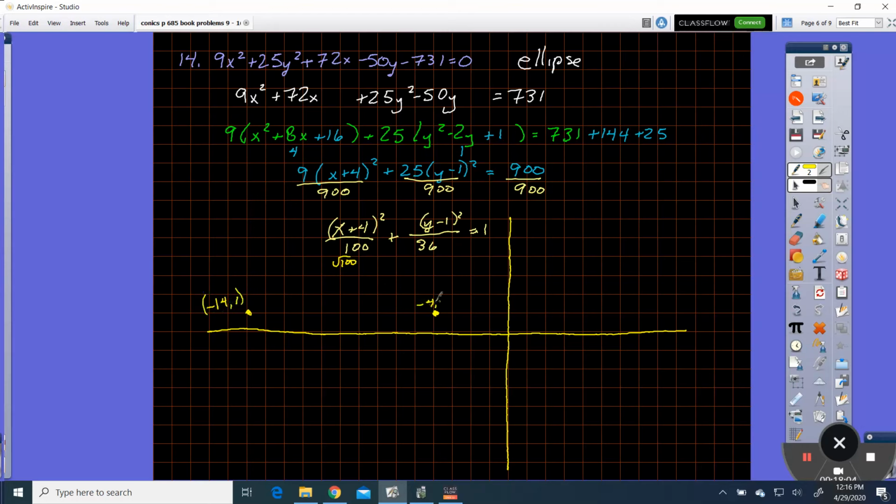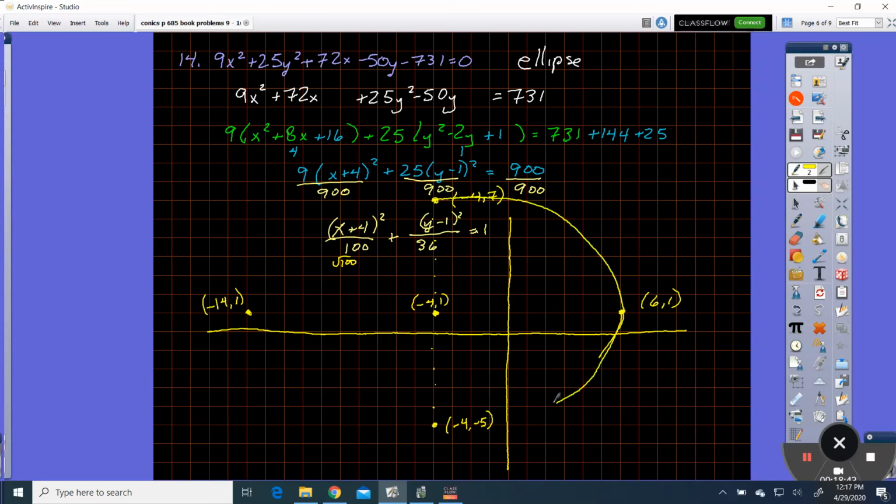This is -4 and +1. 1, 2, 3, 4, 5, 6, 7, 8, 9, 10. So that's 6 and 1. Y direction I go 6, 1, 2, 3, 4, 5, 6. That's -4 and 7. 1, 2, 3, 4, 5, 6. Label that point. That's -4 and -5. So since it's an ellipse, we connect them to make that football.